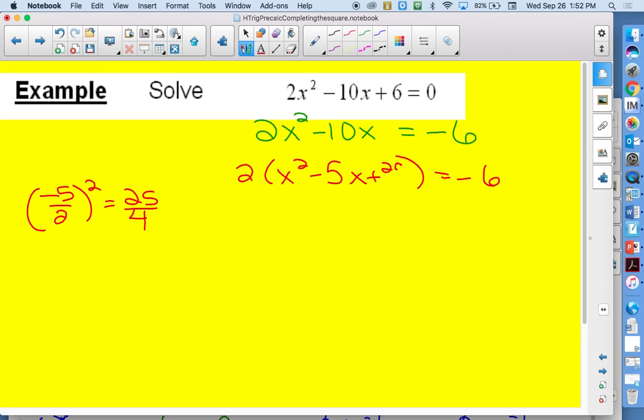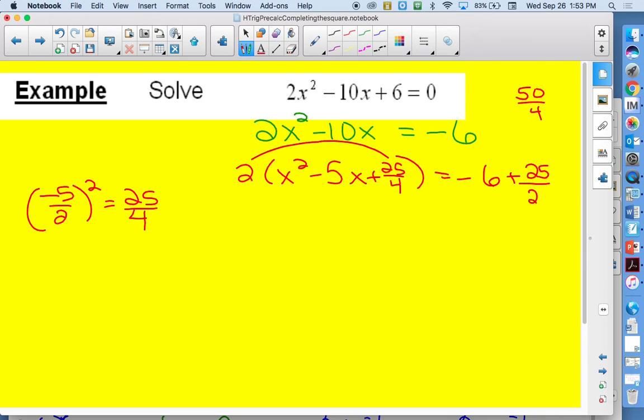But on the other side, you're adding 25 over 4 times 2, which is 2 times 25 over 4, or 50/4. That reduces to 25 over 2.